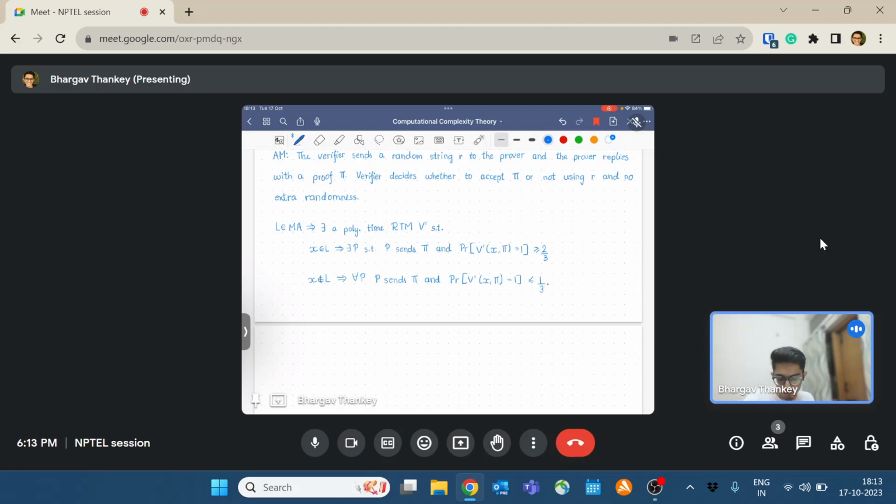So this is what it means for a language L to be in MA, and now we want to show that this also means that L is in AM, right?